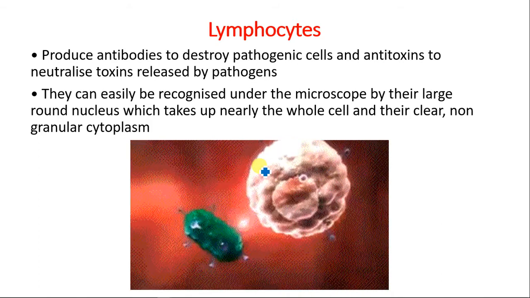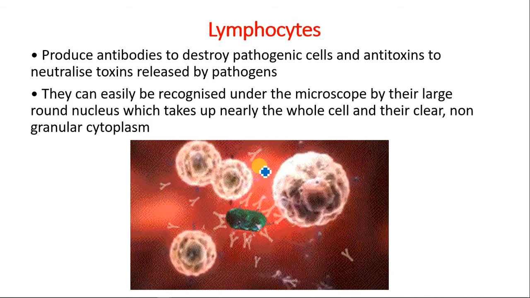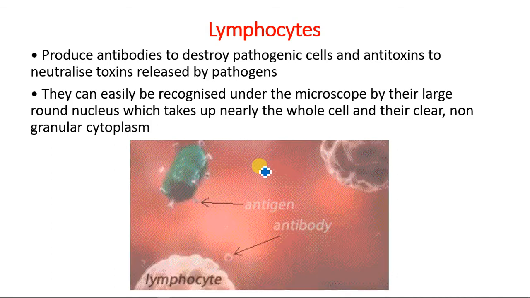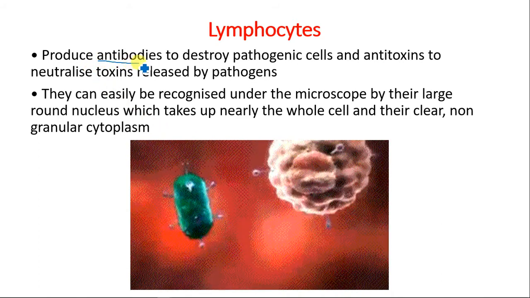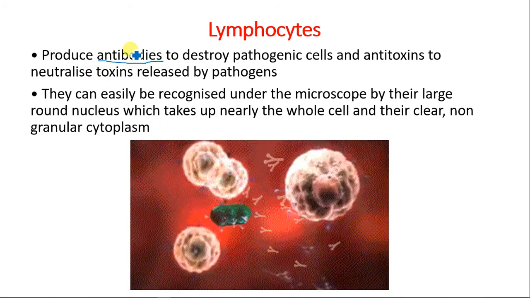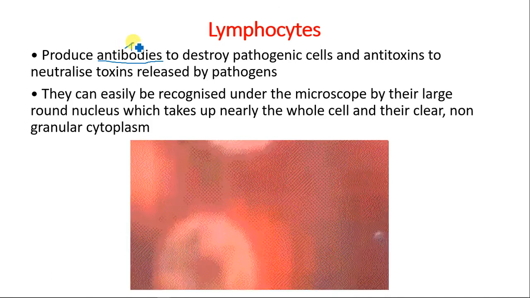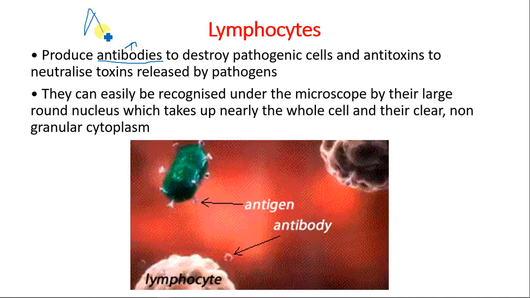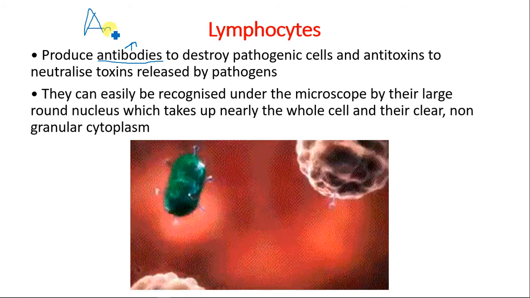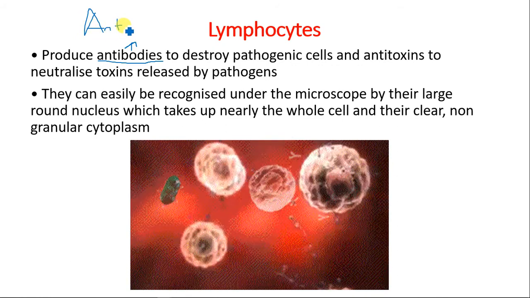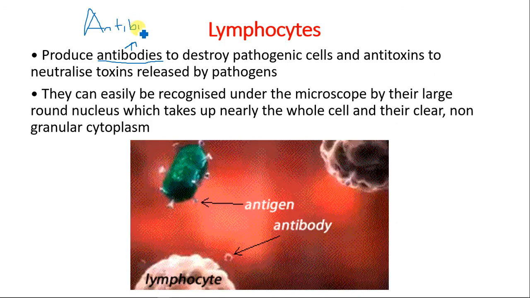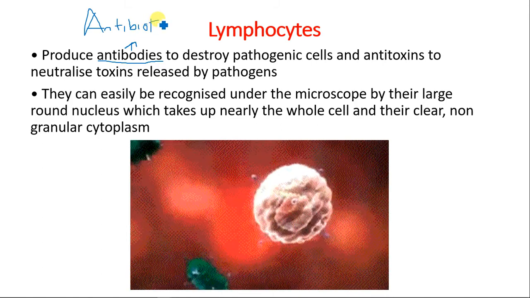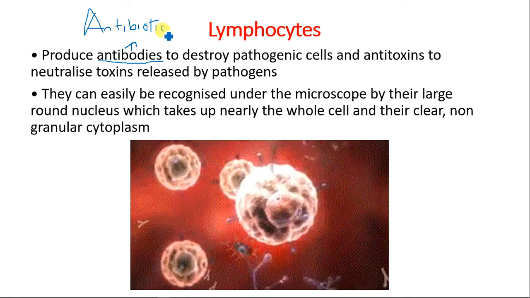Okay, lymphocytes. Lymphocytes are the second type of white blood cells, and they produce antibodies. So take note, there is a difference between antibodies and antibiotics. Antibodies are not the same thing as antibiotics. Antibiotics are only used to destroy bacteria, so antibiotics simply means antibacterial.